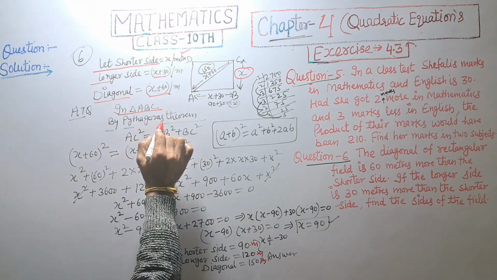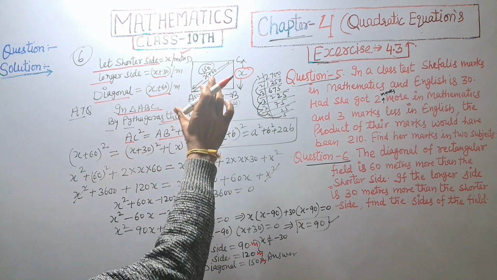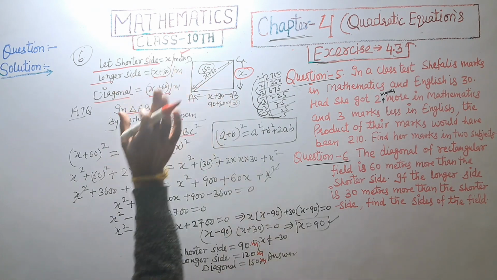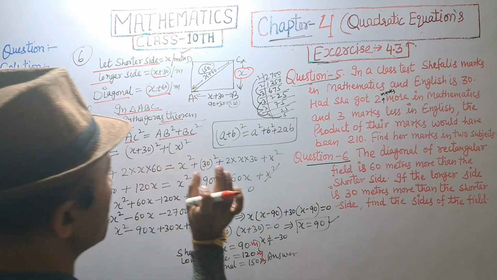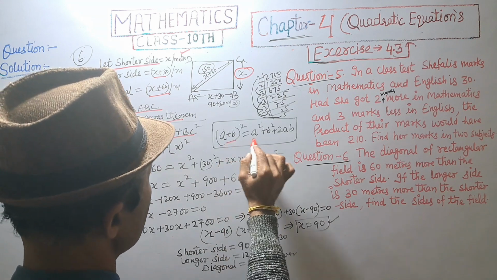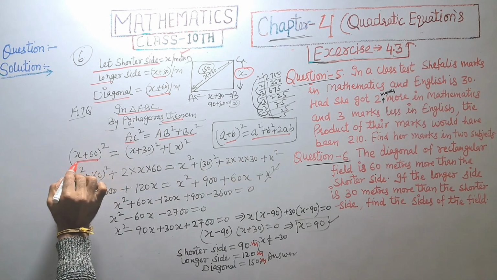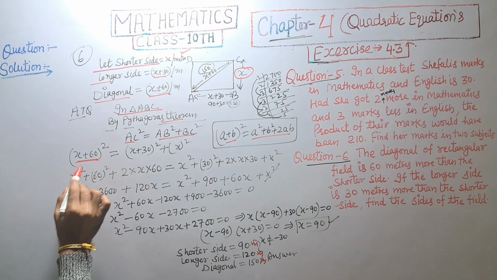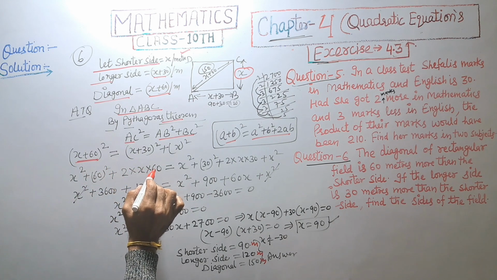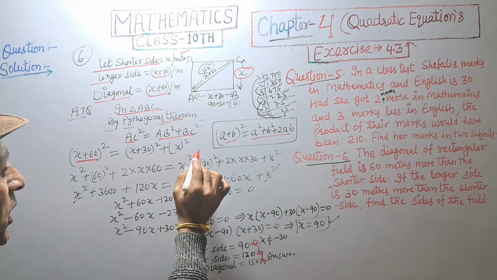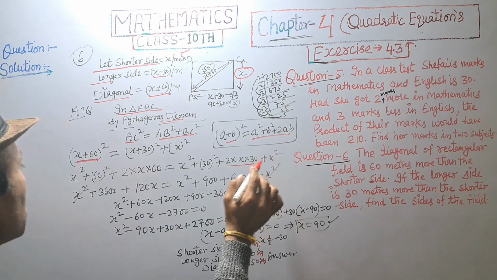So by Pythagoras theorem, AC square is equal to AB square plus BC square. AC is the diagonal, so (x plus 60) square is equal to (x plus 30) square plus x square. (A plus B) whole square is equal to A square plus B square plus 2AB. We are applying the formula: x square plus 60 square plus 2 into x into 60 is equal to x square plus 30 square plus 2 into x into 30 plus x square.